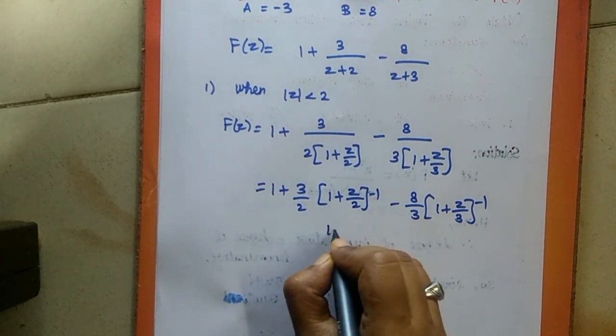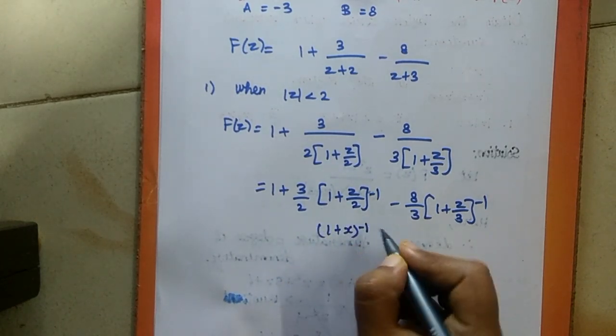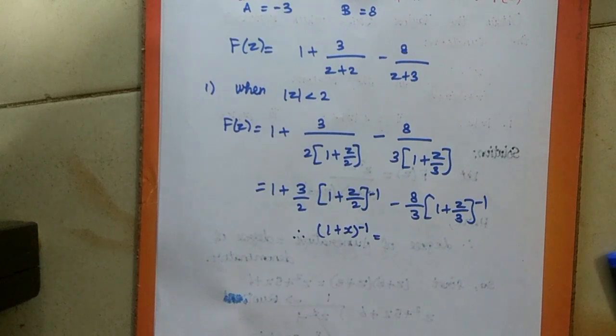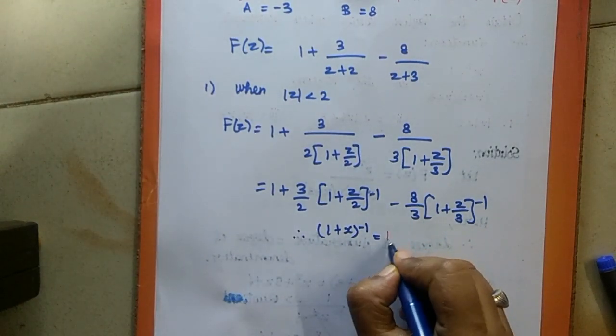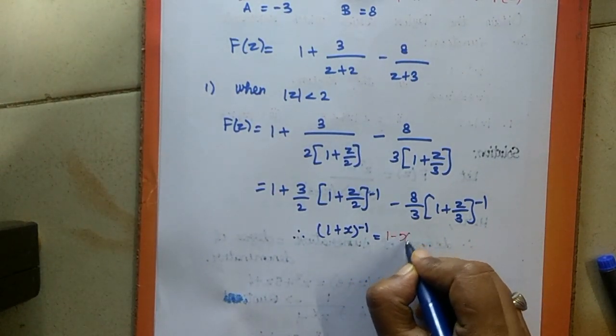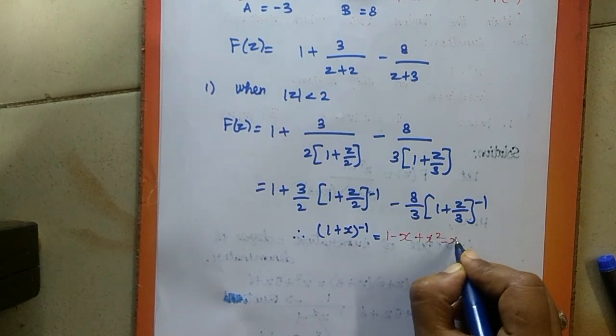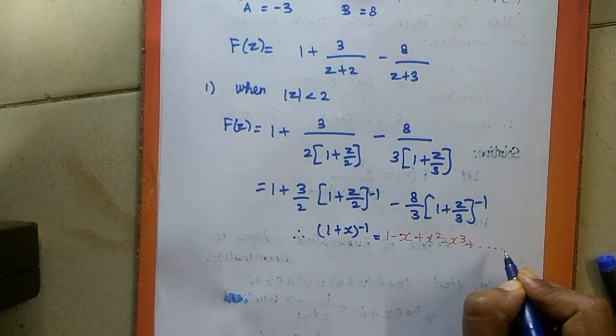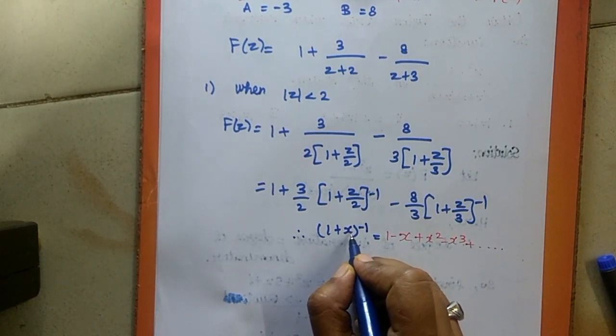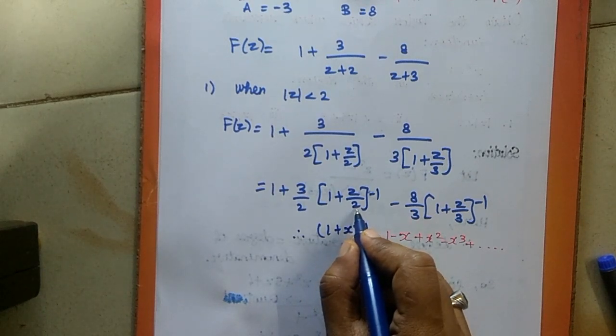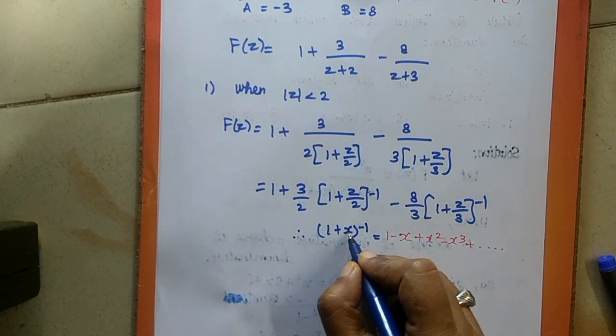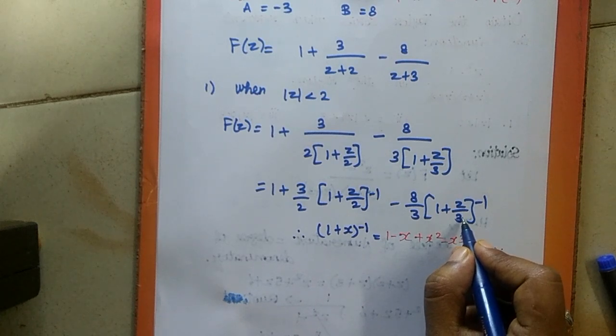It looks like 1 plus x power minus 1. So we know this formula, 1 minus x plus x square minus x cube plus goes on. In this x, here we have z by 2. Here we have z by 3.